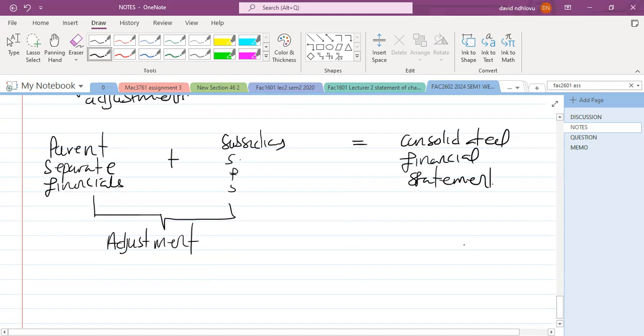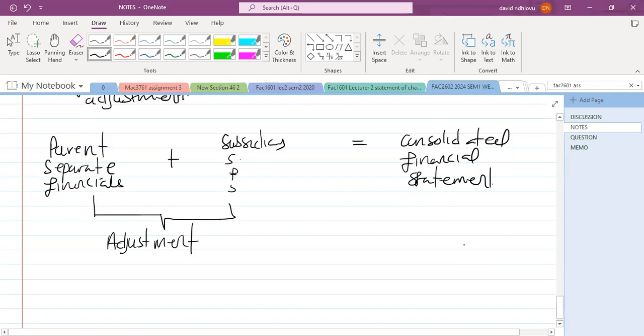If I am an investor and I own a parent company with 100% shareholding belonging to me, and at the same time I have a shareholding in another company where I own, say, 80% of the shares, it is important for me to know how my parent company performed during the year.